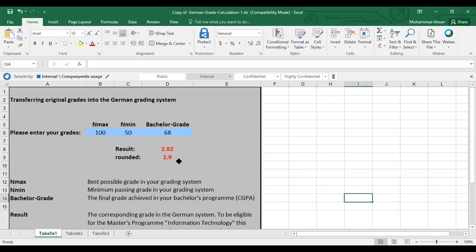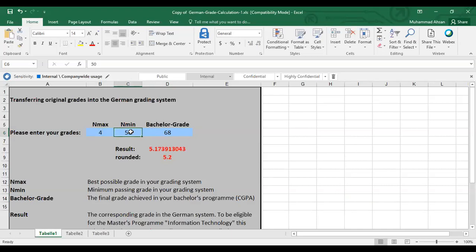Now your German grade is going to be 2.9, which is on the higher side and very far from 2.5. Now let's take another example of a grading system where the scale is 4.